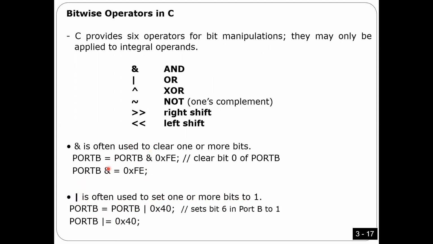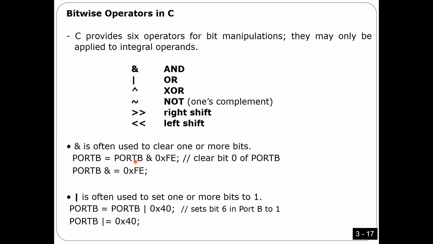Let me give you an example. Look here, guys, Port B. You can use Port B this way, similar to what we used in assembly. I can say PORTB = PORTB & 0xFE.